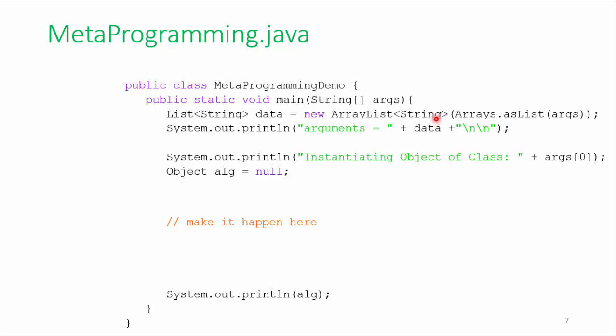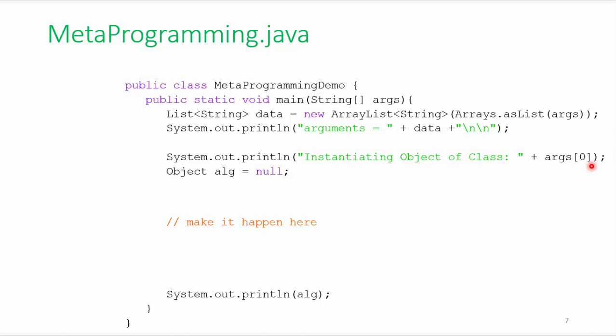Then we display a little bit of information for debugging purposes. So what we're going to do is expect that the first argument passed to our program from the command line, which we can find inside arg0, so this is where we find the string representing that first argument, we are going to consider this as being the name of one of our classes.